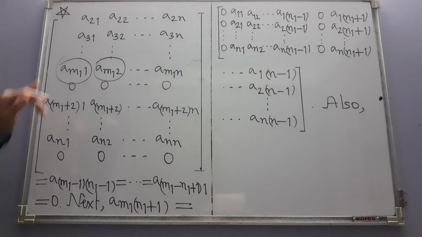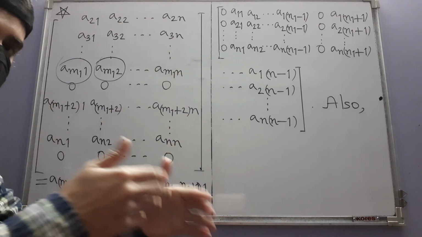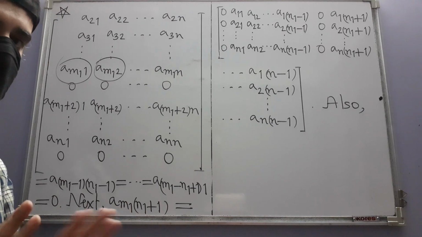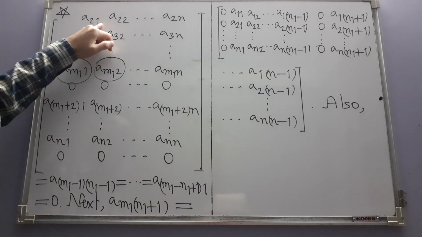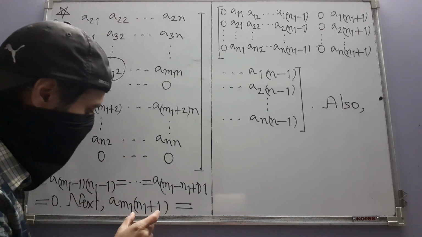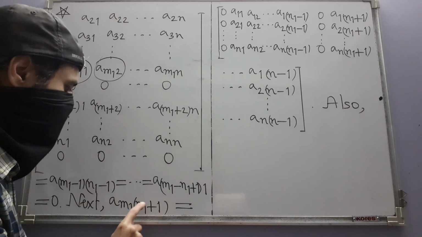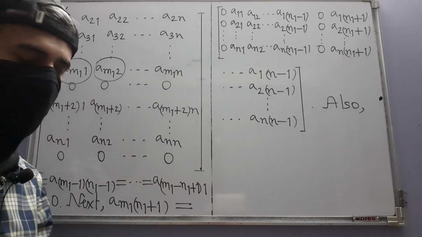Of course, here these second indices show the true column position. There is nothing shifted here. 1 indicates first column, 2 indicates second column, and so on. So this actually is n1 plus 1, it's sitting in that column.